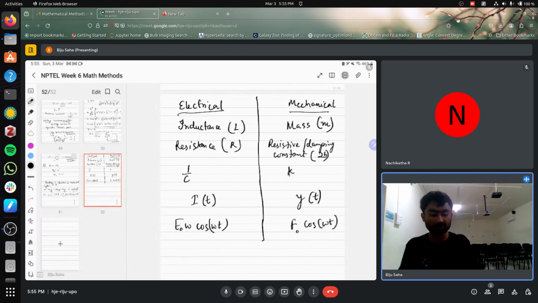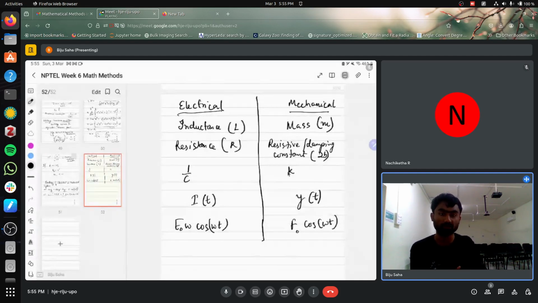This analogy is sometimes very important because with it you can model a mechanical system as an electrical circuit, and whatever conclusion you obtain from the electrical circuit can be easily matched to the mechanical system itself.